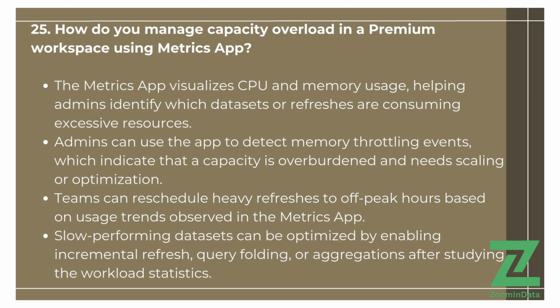Teams can reschedule heavy refreshes to off-peak hours based on usage trends observed in the Metrics app. Slow-performing datasets can be optimized by enabling incremental refresh, query folding, or aggregations after studying the workload statistics.